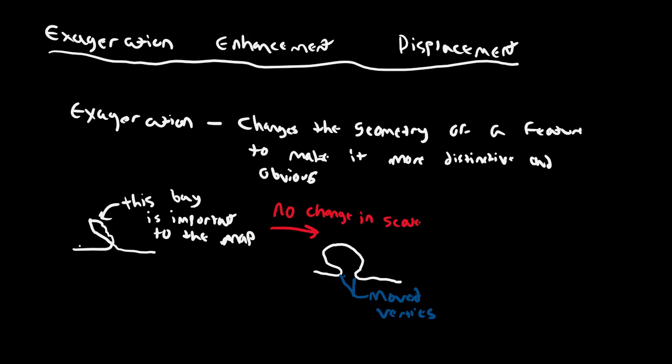That's what I mean when I say exaggeration. This bay has been exaggerated, because for the map that we're making, knowing that this bay exists and that you can get through this inlet was more important to the map purpose than actually matching perfectly with the reality of what the shoreline looks like. Okay, so that's exaggeration.